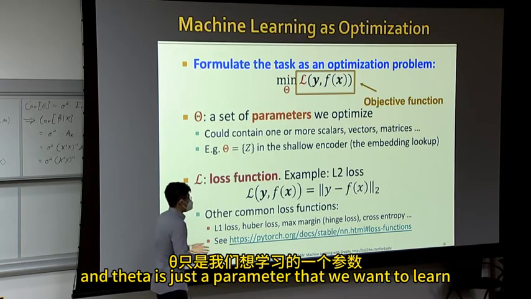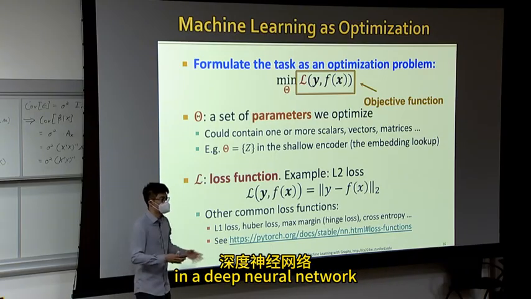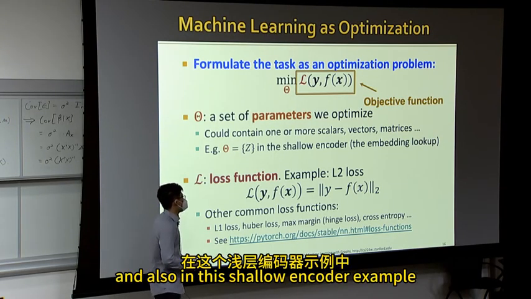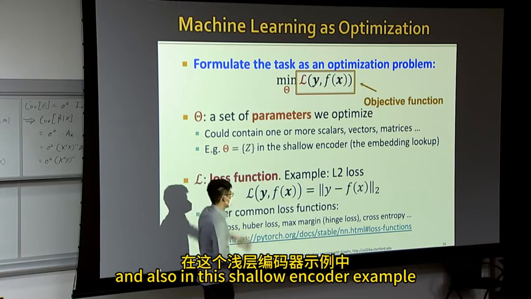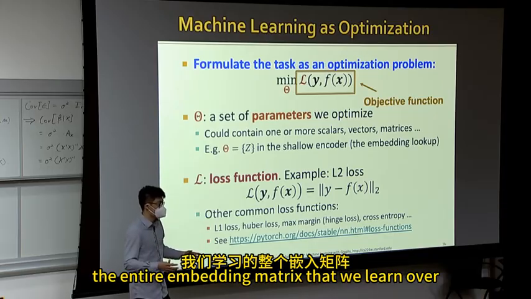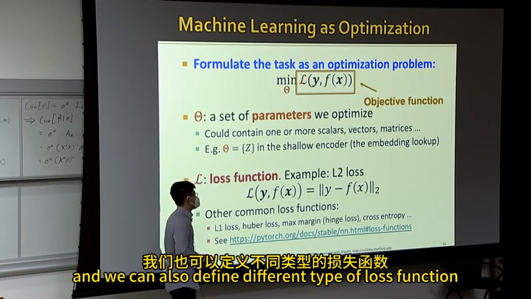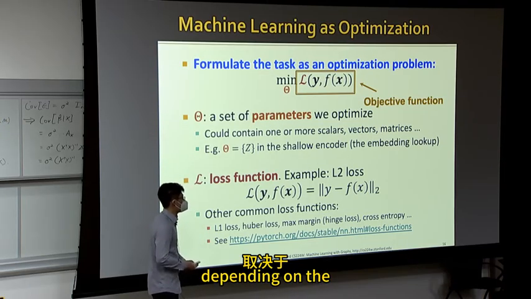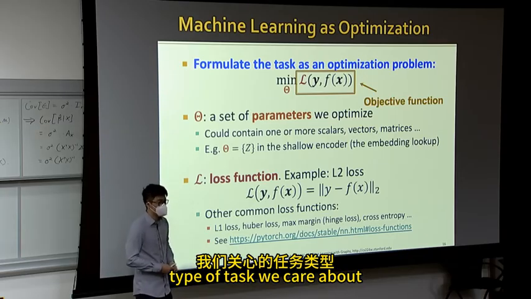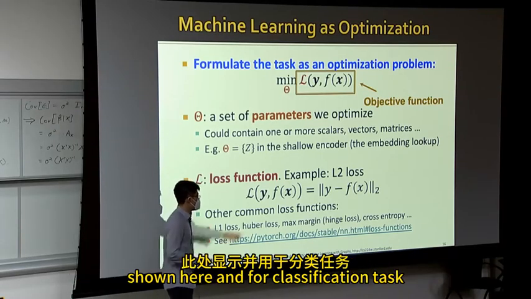Theta is just a parameter that we want to learn, and it could be the weight matrices in a deep neural network. And also in the shallow encoder example, theta is the entire embedding matrix that we learn over. We can also define different types of loss functions depending on the type of task we care about. For example, for regression tasks, we usually use L2 loss, as shown here.